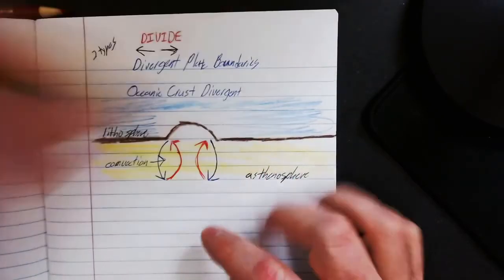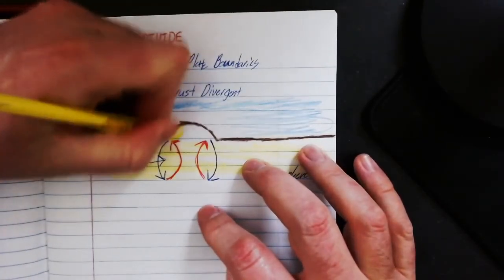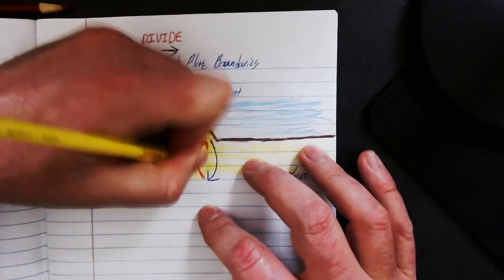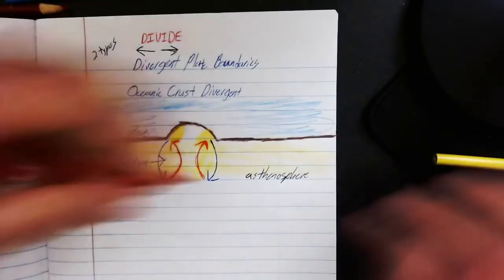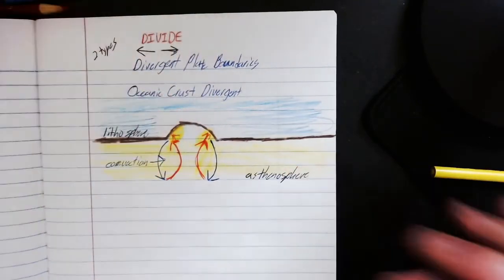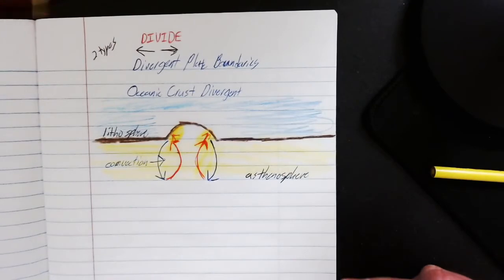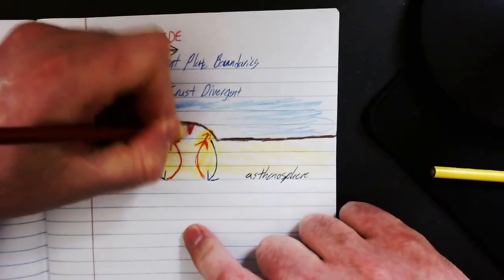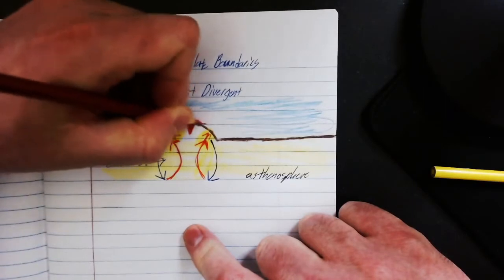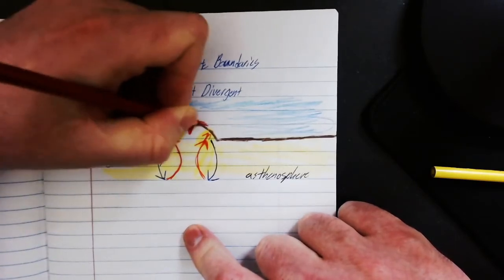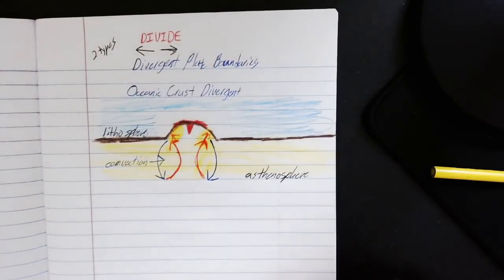Because you have the asthenosphere coming up here, and the currents are coming up, when it splits open, you have that hot, silly putty rock that wants to come out. It will split open and start leaking. What's it called when that hot liquid rock leaks out? It's lava.